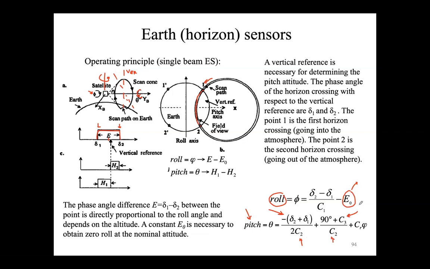So from here you can understand that if you know the altitude of the spacecraft, by using one Earth horizon sensor, you are able to determine the attitude of the spacecraft in the single reference frame for the roll and pitch axis. However, you need to know the altitude, and so this instrument alone cannot provide a good knowledge of the altitude by itself.